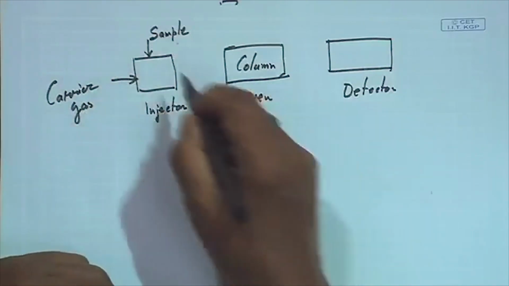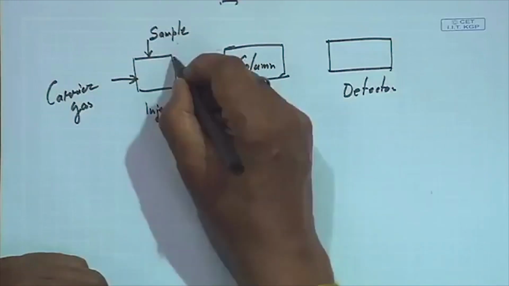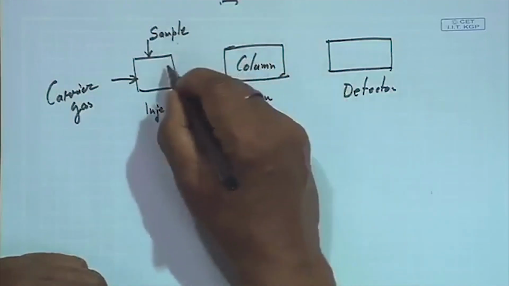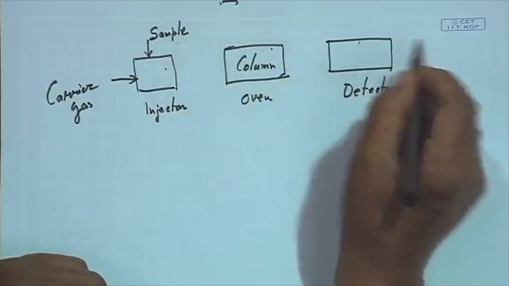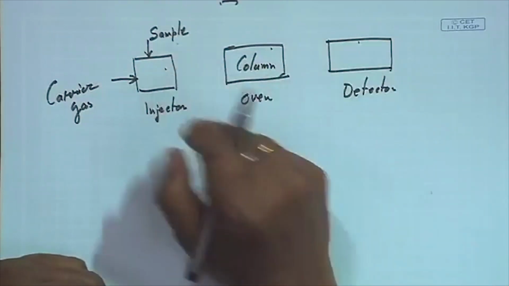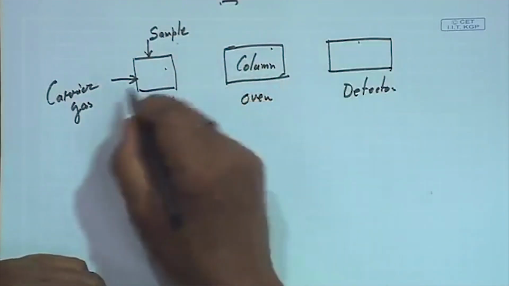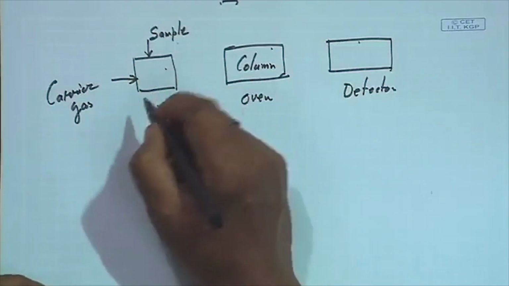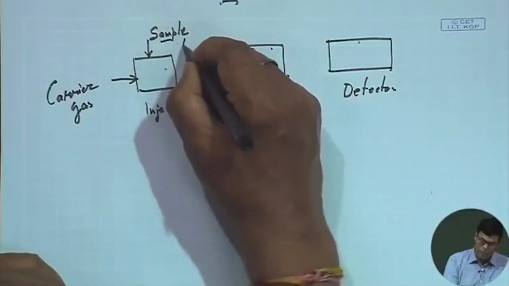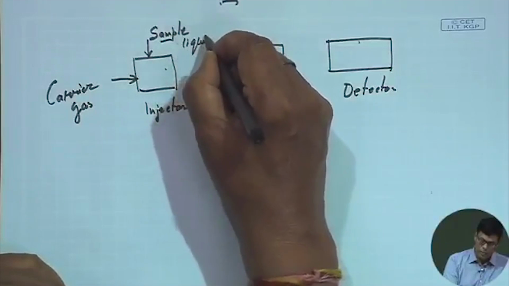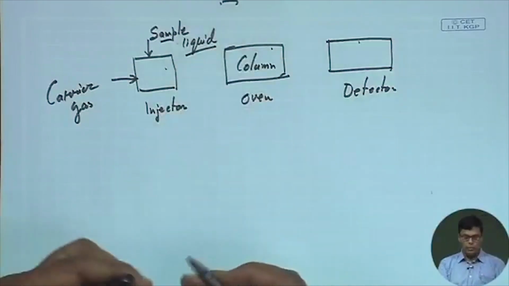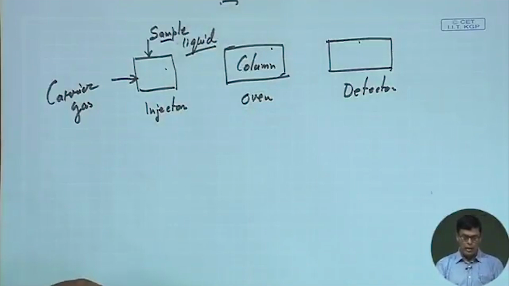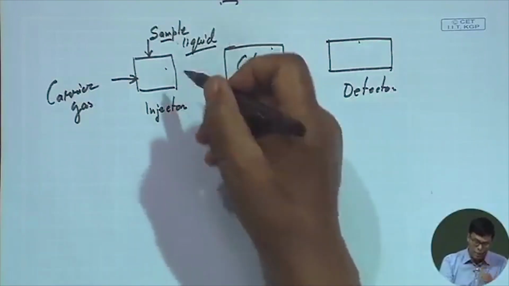Now, everywhere here we can maintain the temperature; we have different temperature controls, with heaters everywhere. Suppose the sample is liquid, as for example. In the case of a gas chromatograph, we can only analyze the volatile liquid, we cannot analyze the non-volatile liquid, the liquid which can be volatilized.